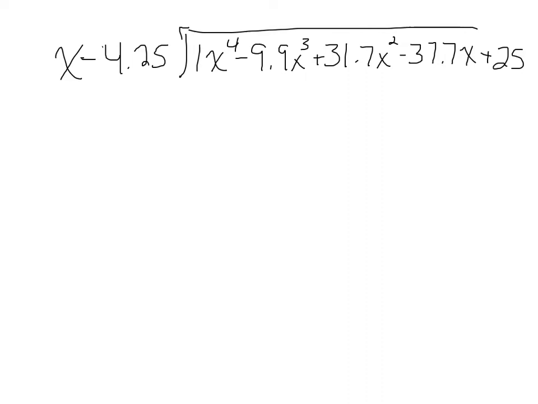Okay, now if we were to do the factored form, we know that this is a 4th degree polynomial, which means there should be 4 factors. But if we look at the picture, it only touches the x-axis once. So we can't just look at the picture and come up with the 4 factors. We do know that one of the x-intercepts is 4 1/4, so x minus 4 1/4 is a factor.